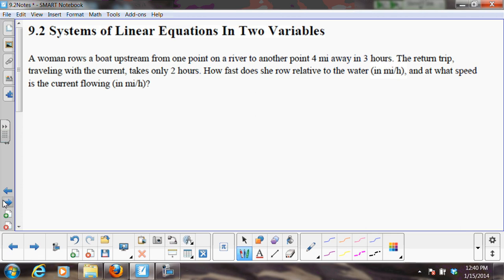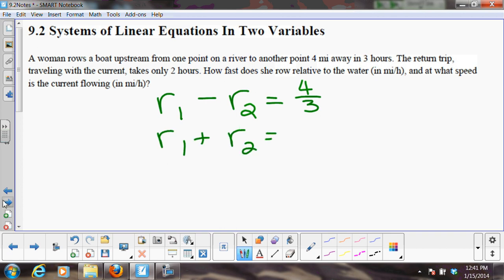A woman, oh, similar question. Almost like same exact thing. Okay, so the boat minus the current is going to be what is going upstream. And it's 4 miles in 3 hours. The boat plus the current is what is going downstream, 4 miles in 2 hours.